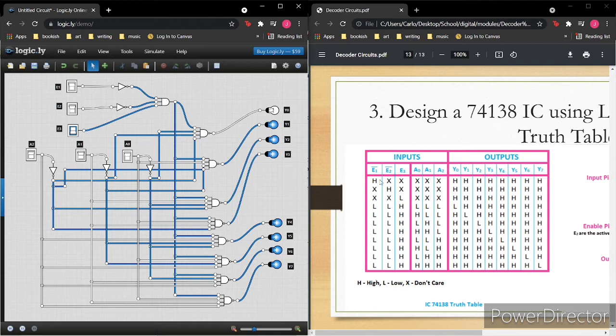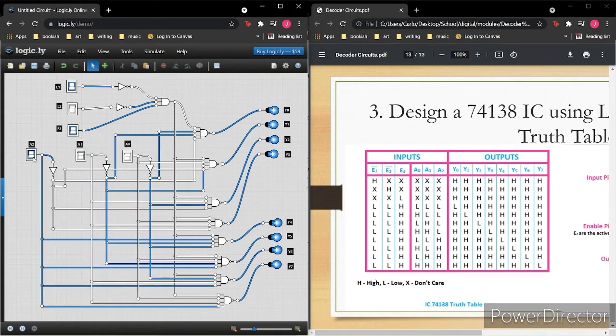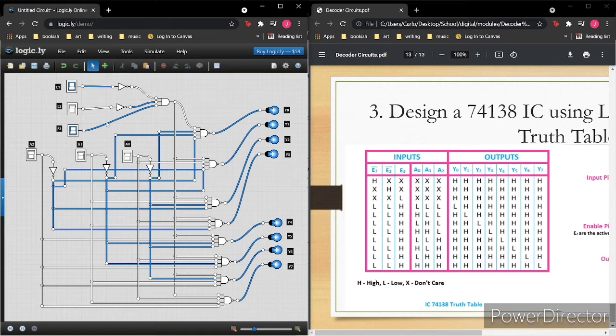And let's try these inputs. Let's try E1 as high. All outputs should be high, whatever the value of the A inputs.